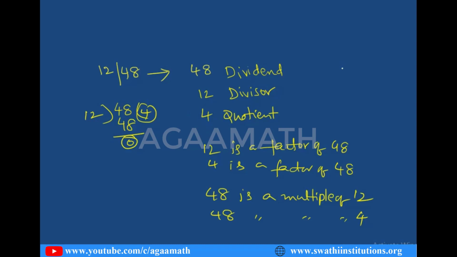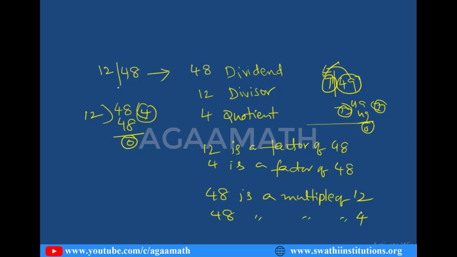We can take one more example, that is 7 divides 49. This is the dividend, this is the divisor. 7 is a factor of 49, 49 is a multiple of 7, right? 49 divided by 7, 7 sevens are 49. So the same number.